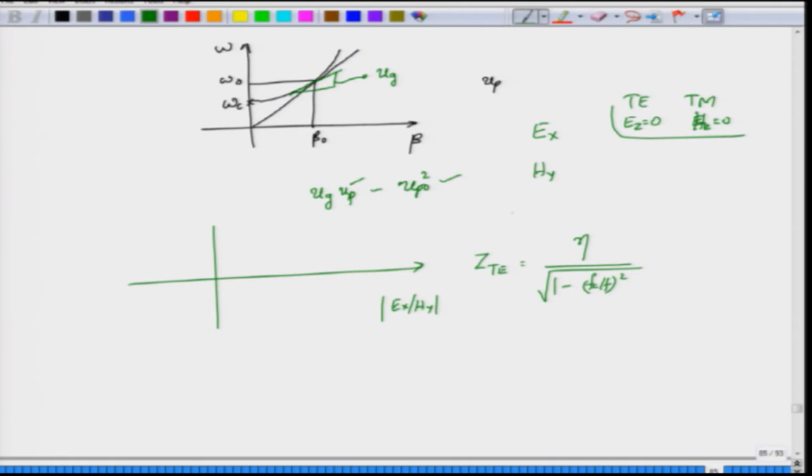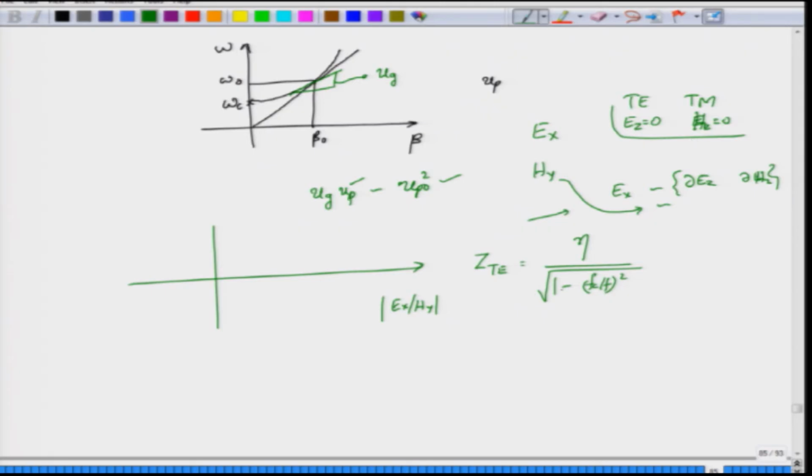How do you know this one? I will leave it as an exercise. Remember, you have actually written Ex as a function of del Ez as well as del Hz, right. There you had written Ex as a function of Z and Hz derivatives. Similarly, you would have written the function for Hy. This was the first step that we talked about when solving the waveguide problems, and from those expressions, setting appropriately Ez equal to 0 or Hz equal to 0, you are going to get these equations.